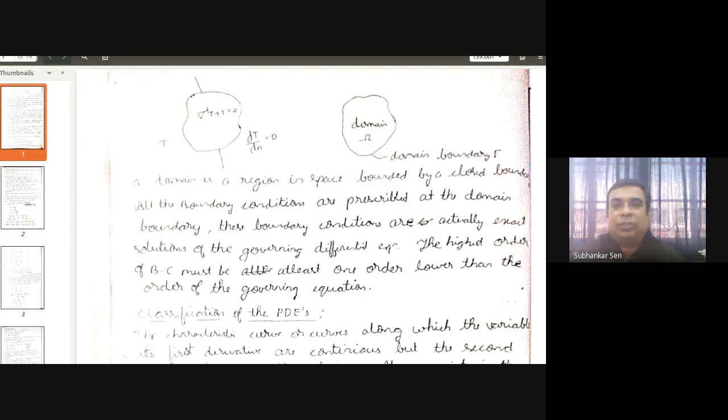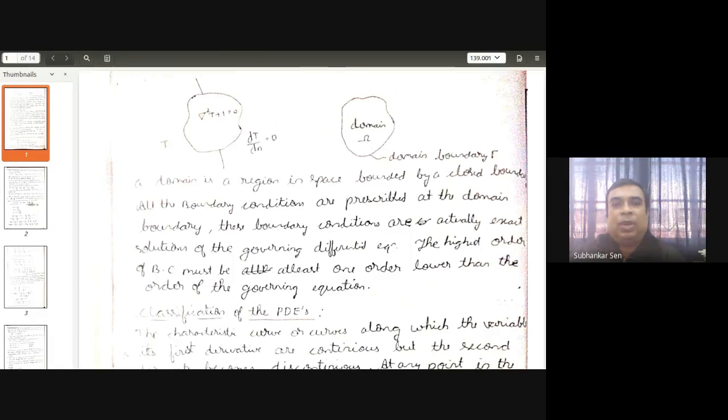This is an equation for temperature, where we specify the value of temperature. This is the part of the Dirichlet boundary, and in the second portion, we say that it is insulated. If it is insulated, we say that the heat flux is zero. So the gradient of T is zero, or del T del N is zero.